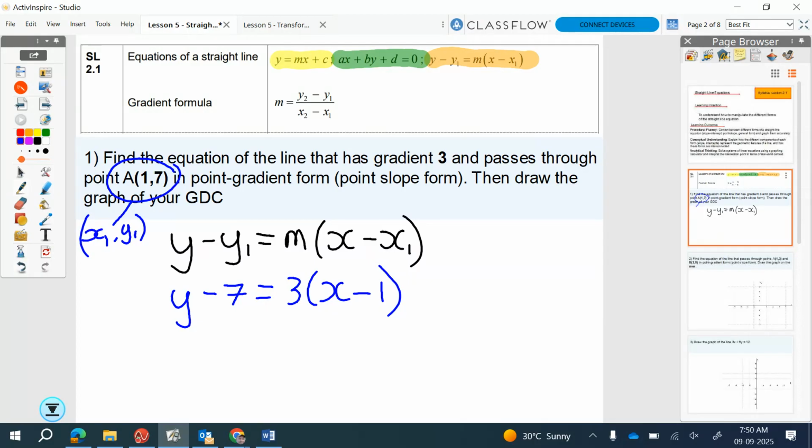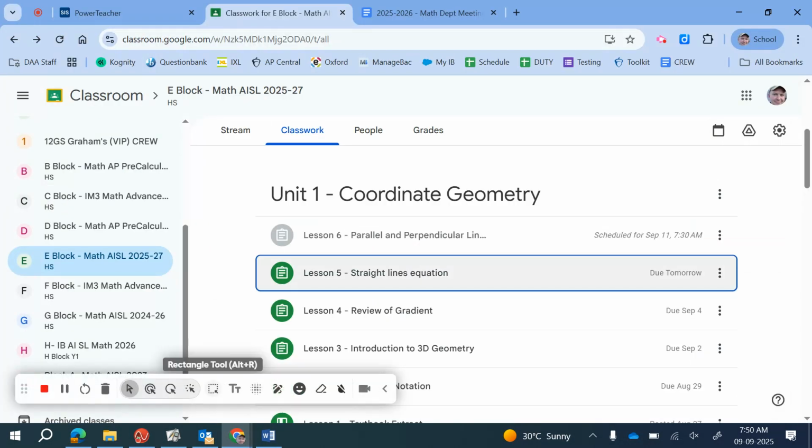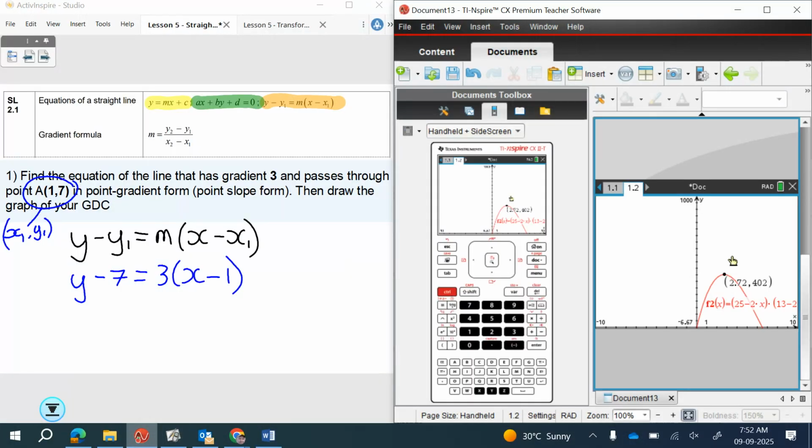In this question, we are asked to draw on the graphing calculator. Take out your graphing calculator at this point. Let's have a look at how we use the graphing calculator.